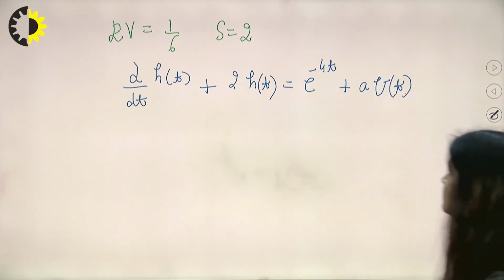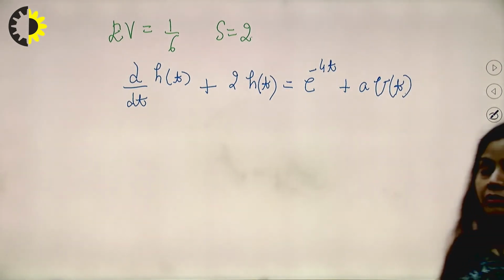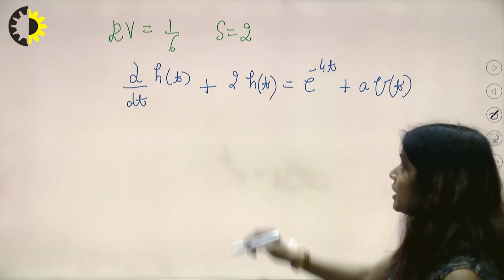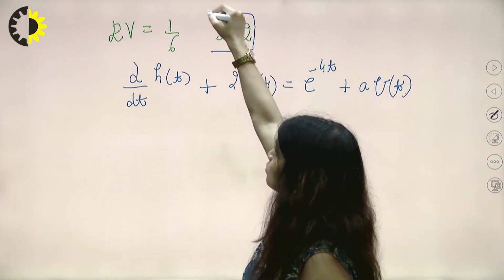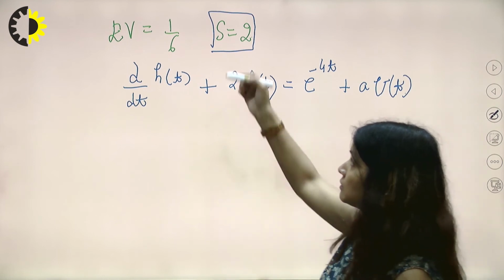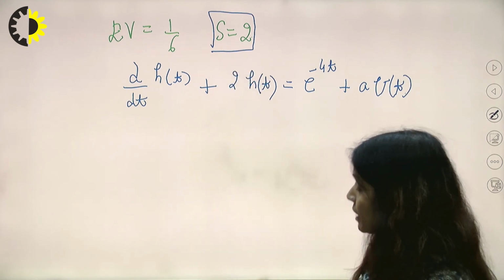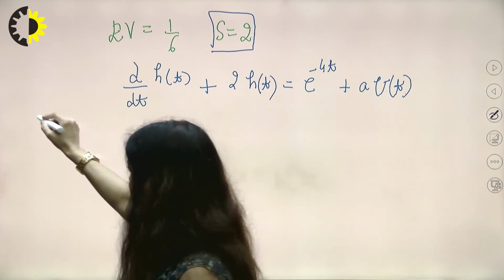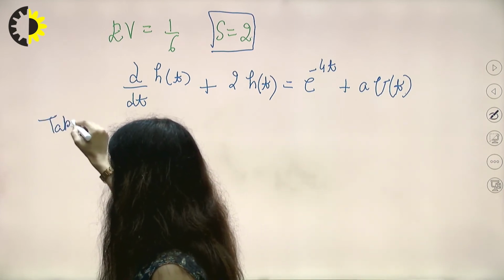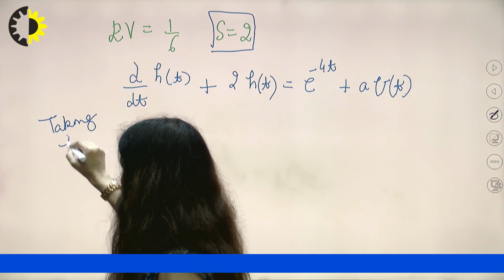So here now, taking the Laplace transform, as we have the value of s equal to 2 using the eigenvalue function property.